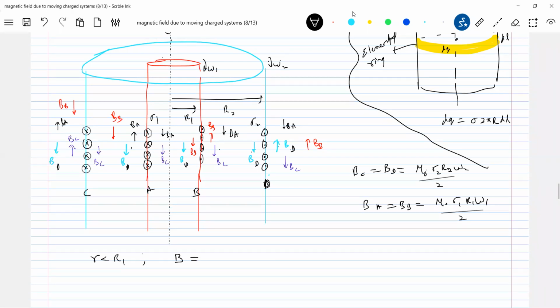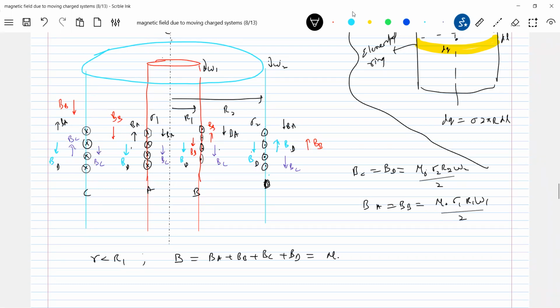Shall I say all will get added up? I try to see the arrows. Due to all the sheets, it should be added up. BA plus BB plus BC plus BD.